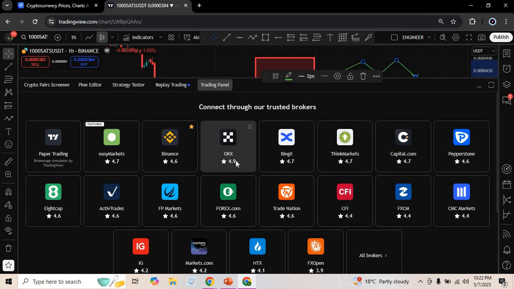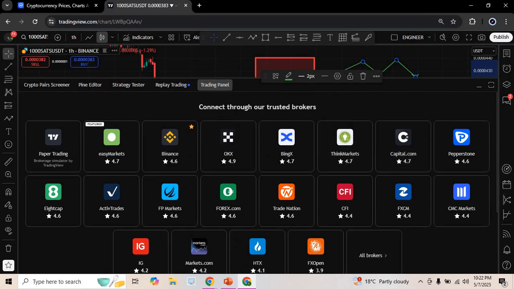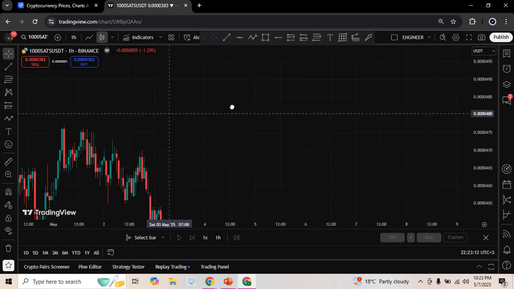So you can see you have Binance, OKX, BingX, and all that, all brokers. You can choose all the brokers that you want to connect your TradingView to. So you can actually connect your TradingView to your Binance exchange. If you want to close that, you have a minus sign right here.